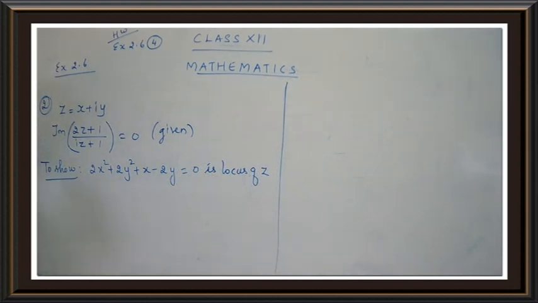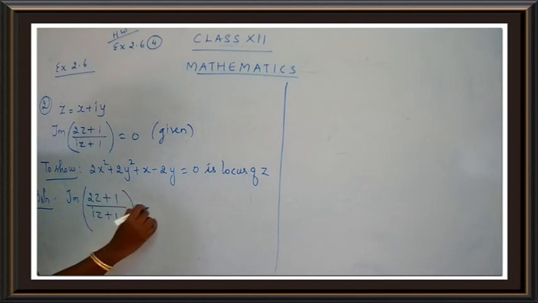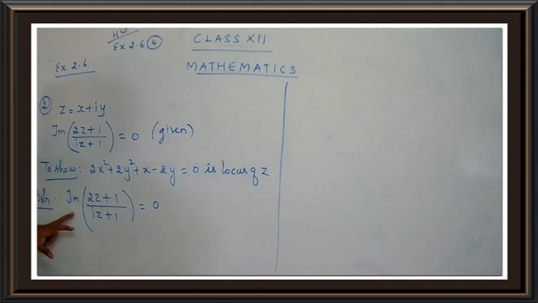Shall we start with the solution, children? Write down solution. Imaginary 2z plus 1 upon iz plus 1 is equal to 0. We are going to just focus on the imaginary part. Until and unless we take the imaginary part, you have to go on writing imaginary. Okay, children? So imaginary 2z plus 1 upon iz plus 1 is equal to 0.